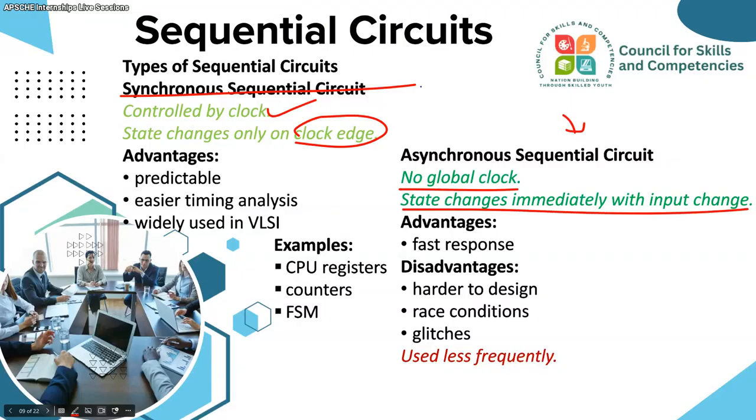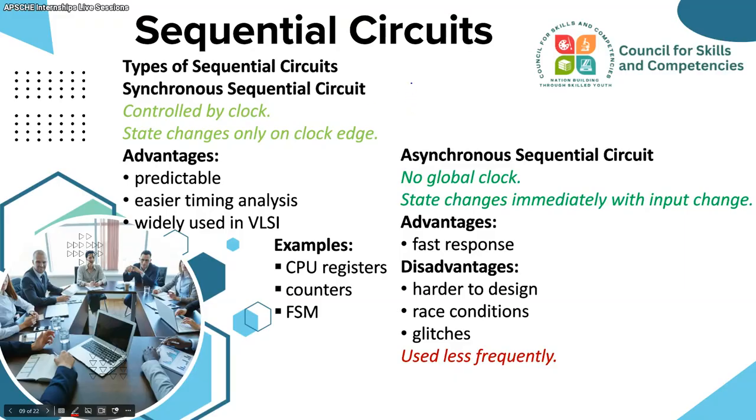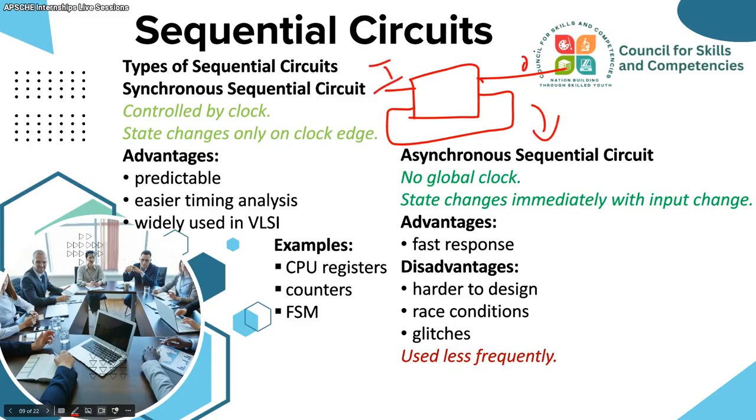See, both are having the feedback, that is for sure. In this one, when there is an input change, the output is changing, that is where asynchronous. But this one is also having a feedback, but whenever the input changes, the output will not change.